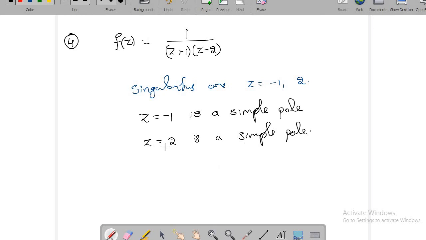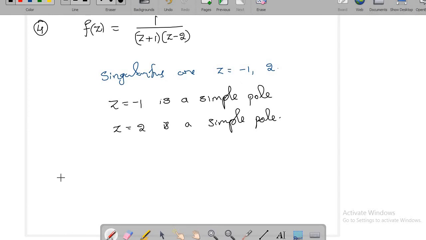If you have a doubt, let's do one thing. Let's try to verify. f of z equal to 1 by (z plus 1) into (z minus 2). I'd like to decide, whether z equal to minus 1, what kind of singularity is it? So what should I do? I have to expand this in a series in terms of z plus 1.